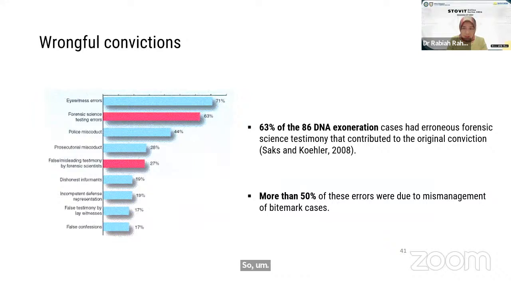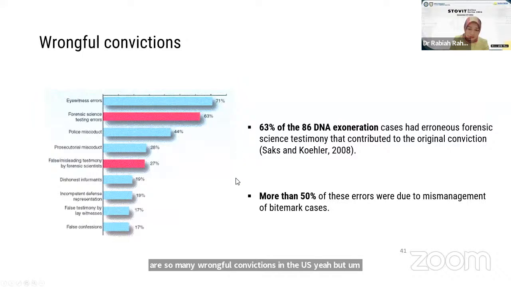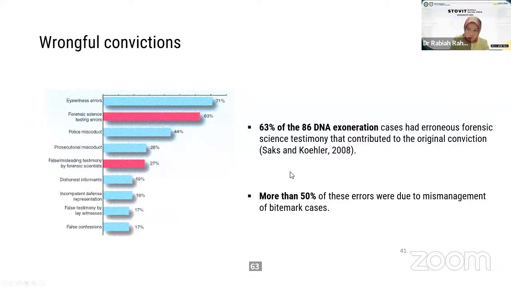There are so many wrongful convictions in the US, and these wrongful convictions have been determined based on DNA analysis. 63% of these cases were due to error of the forensic expert opinion.